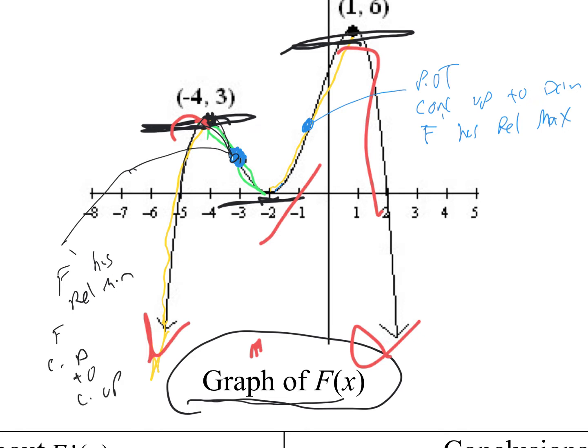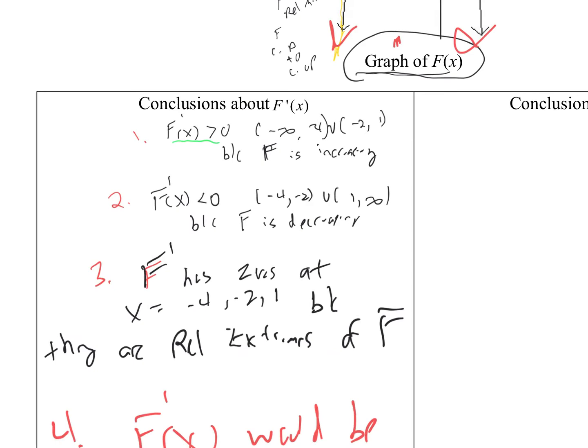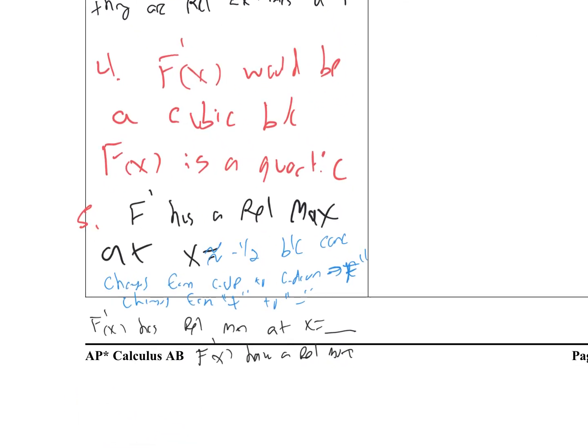Also, since the concavity changed, you know the second derivative changed at that point. So I'm going to say x equals -3, because f prime of x, no, not because, that means f prime has a relative min, and we know that f double prime of x is describing this.